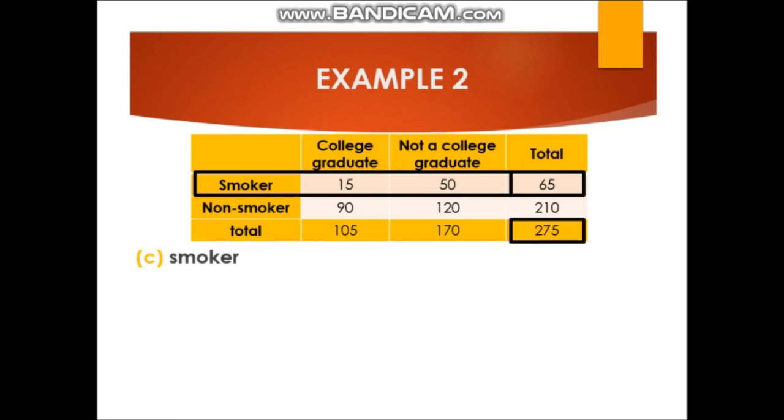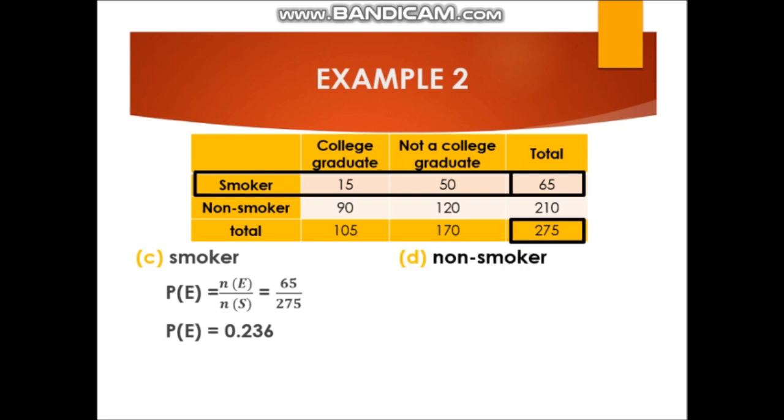So 65 will serve as the number of events and 275 serves as the number of sample space. So in our solution, we have 65 divided by 275. We have a probability of smoker of 0.236. Okay? And let us proceed to letter D, which is non-smoker.